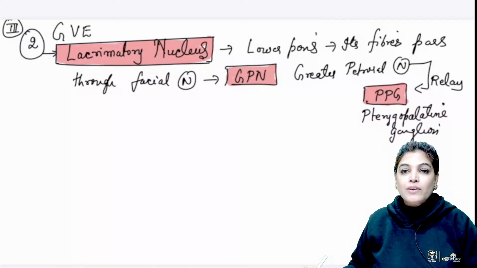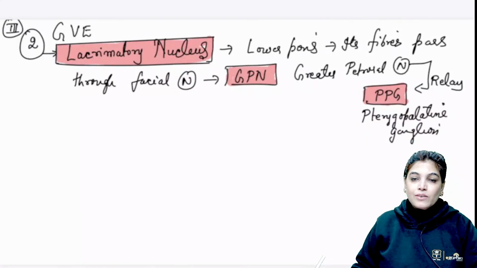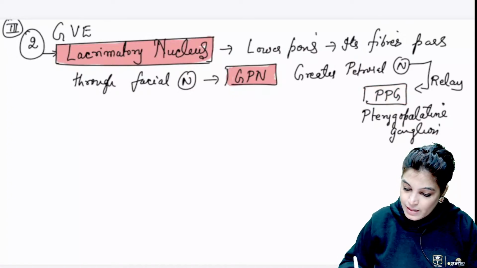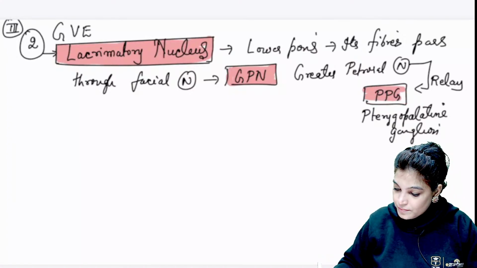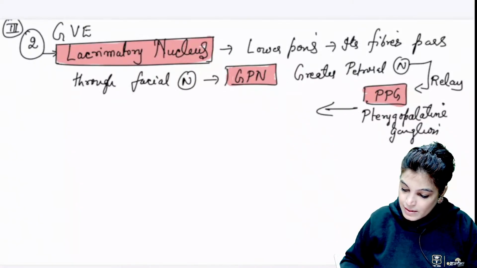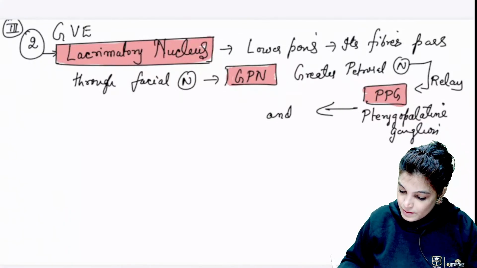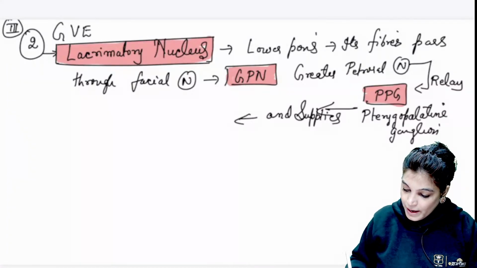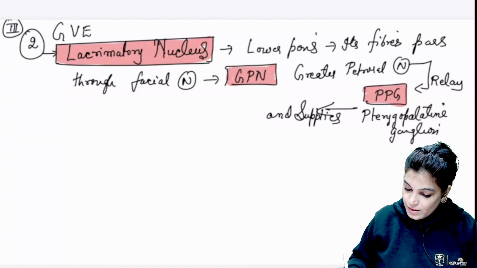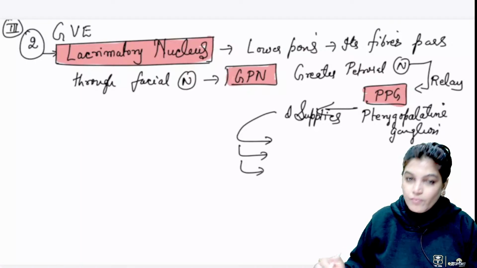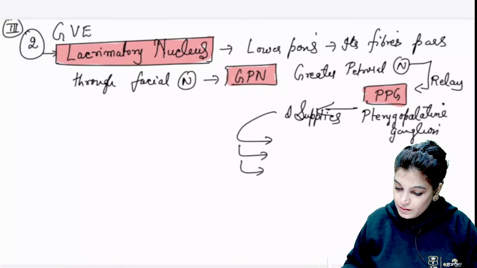Again, an important parasympathetic ganglion in the head and neck region, and it supplies. So which all structures does it supply?